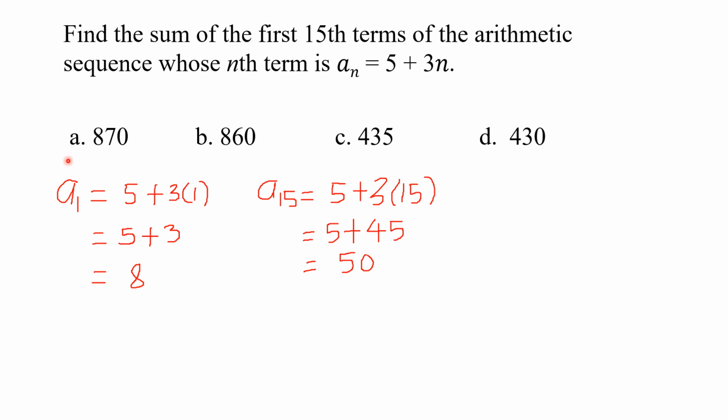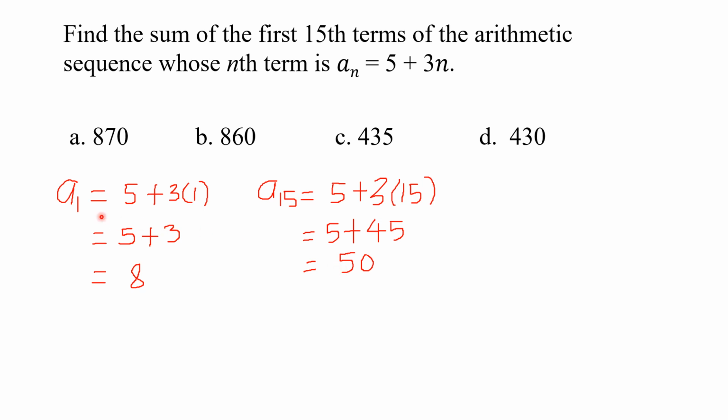So this is our first term. For the 15th term, since we are looking for the sum of the first 15 terms, a sub 15 is equivalent to 5 plus 3 times 15, the value of n. So 3 times 15 is 45, plus 5, that is 50.